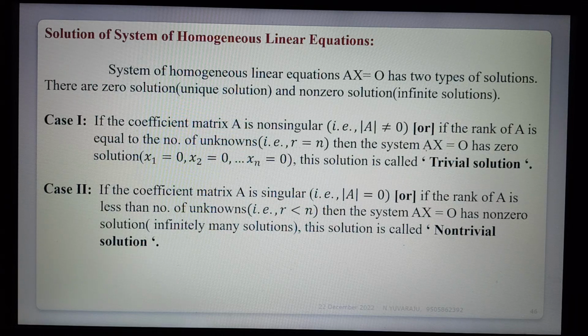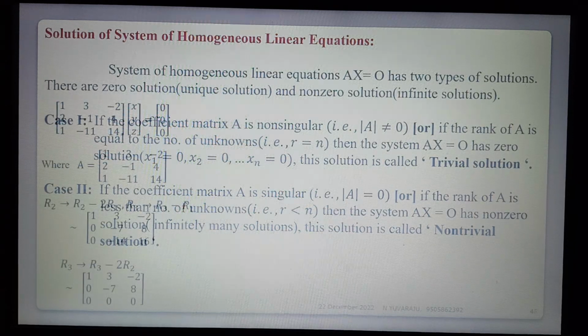So if the coefficient matrix is non-singular, the system has only the trivial solution. If A is singular, the system has infinitely many solutions, called non-trivial solutions. These are the two types of solutions of a homogeneous system.